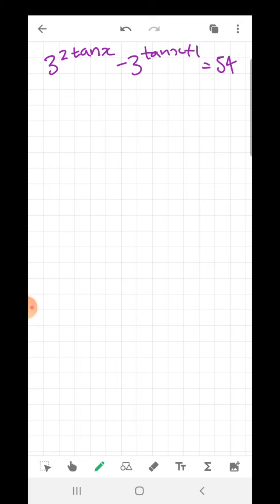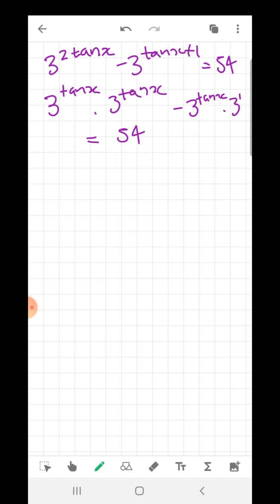Okay, so now I'm going to try and show you how to do this the traditional way versus K method, so that you can see that this would be a clear situation where you have to use the K method. So if I try to do this the normal way, first let's simplify exponents. 3 to the power of tan x times 3 to the power of tan x minus 3 to the power of tan x times 3 to the power of 1 is equal to 54.